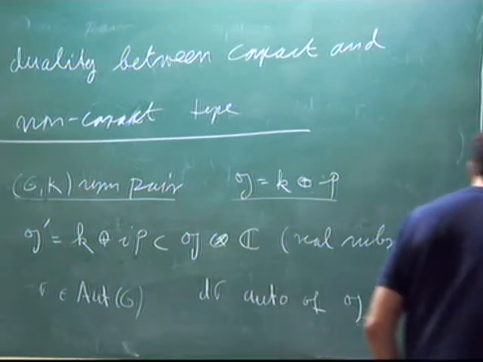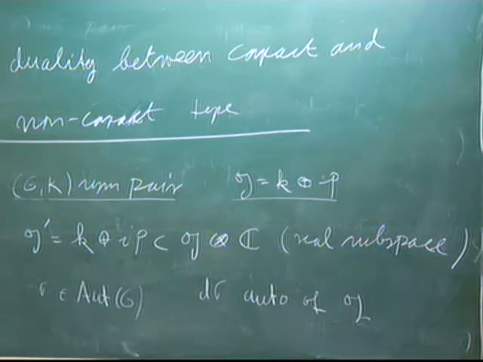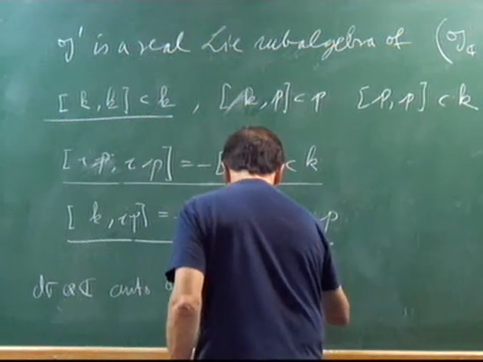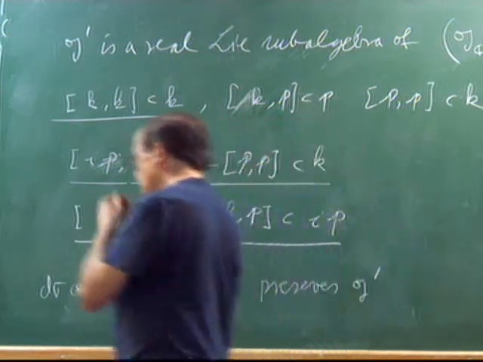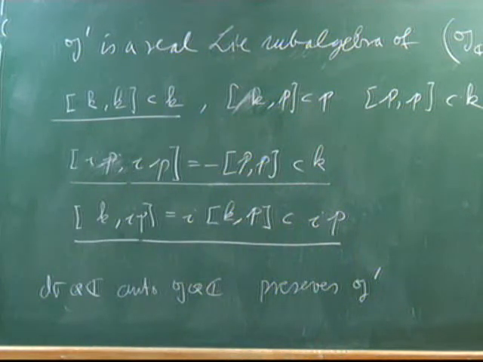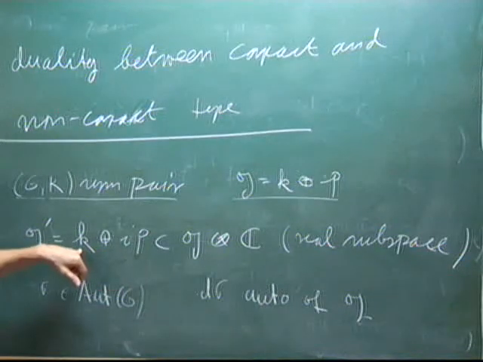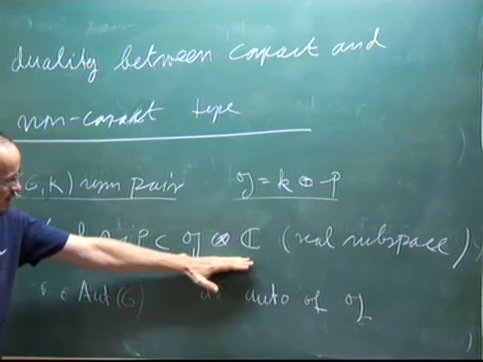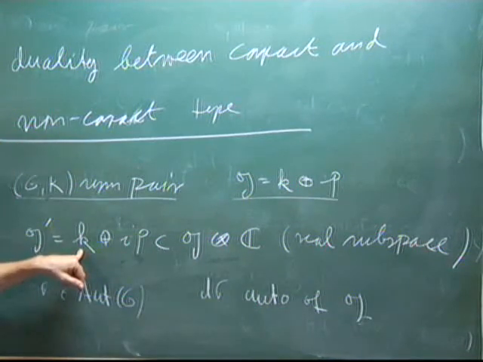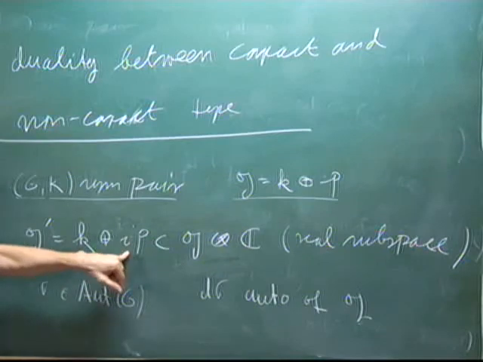That now becomes an automorphism of the complexification. And now I observe that it preserves G prime. Right, what's G prime? Just K plus iP. The automorphism is plus identity here, minus identity here. So when I complexify, it still preserves K, and on iP it's minus identity.